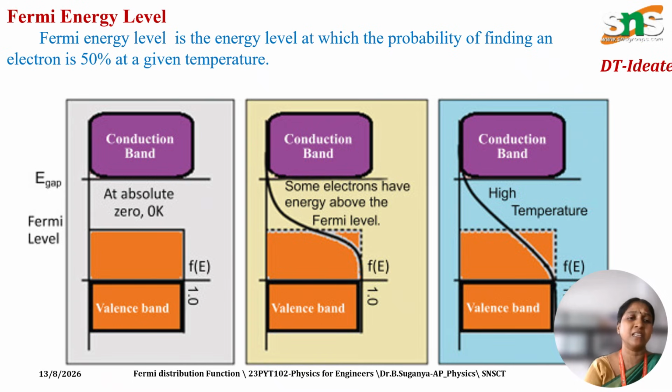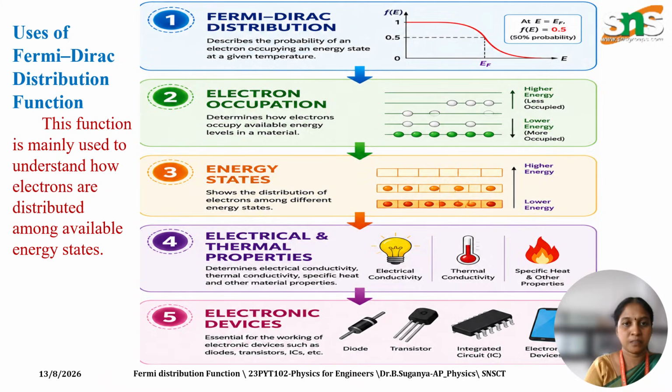What is the Fermi energy level? We have the conduction band and valence band, and in between these bands, an energy gap is there. The Fermi energy level is the energy level at which the probability of finding an electron is 50% at a given temperature. Now, the use of the Fermi-Dirac distribution function: this function is mainly used to understand how electrons are distributed among the available states.